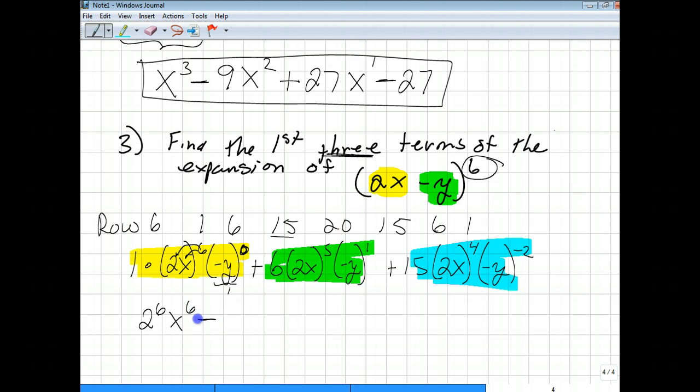Then it's minus 6 times, distribute this in, 2 to the 5th, x to the 5th, plus, distribute this in, 15 times 2 to the 4th, x, and y squared, because this is going to give us y squared. It shouldn't be a negative 2, it's just a 2.